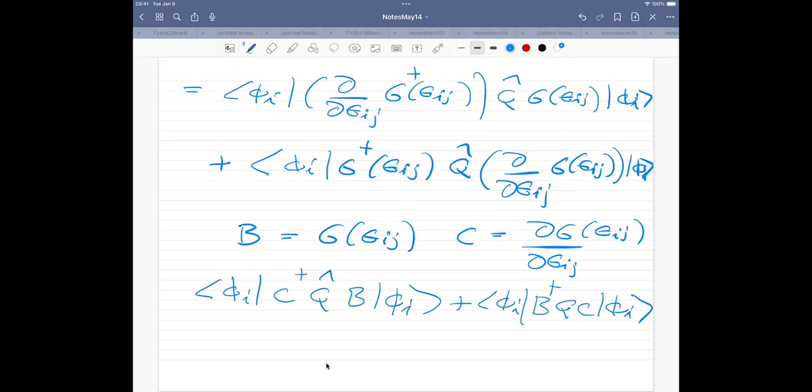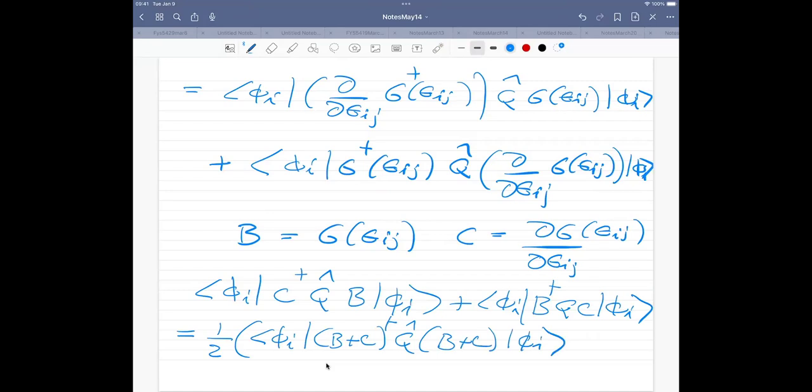And this is something I can actually rewrite in terms of a new sum of operators, which then allowed us to introduce this parameter shift rule. So this quantity which you see here, this is something which I can rewrite in terms of 1/2. And then I have my phi of I. I have my B plus C. If you write it out, you will see that this is correct. And then I have B plus C of phi of I. And then I have an additional term where we obviously have to have B minus C in order for this one to become the same as the previous one.